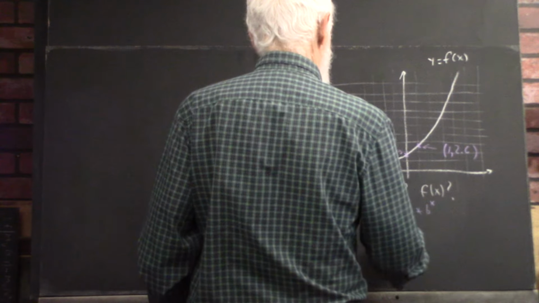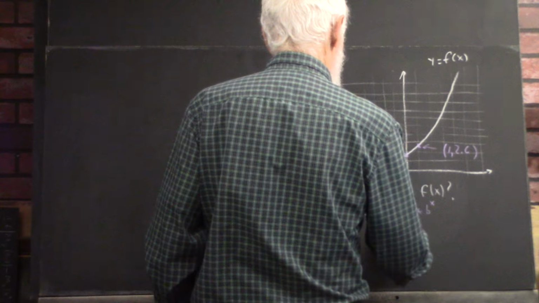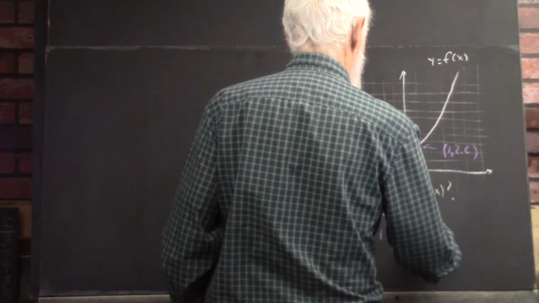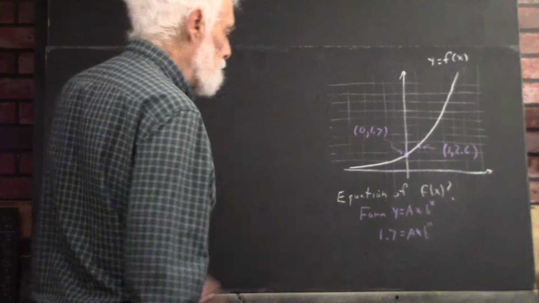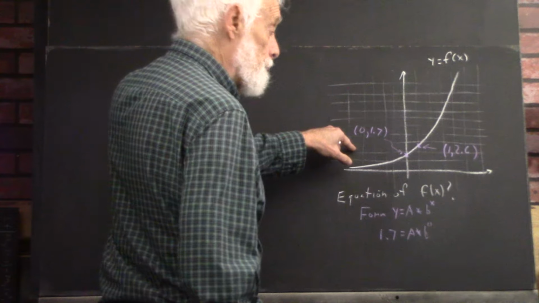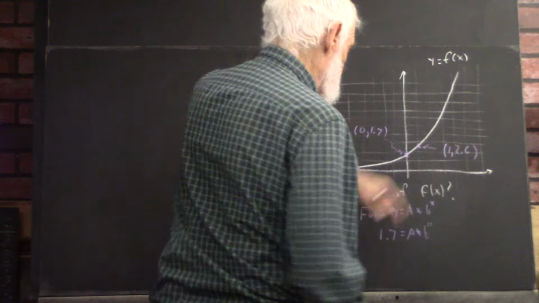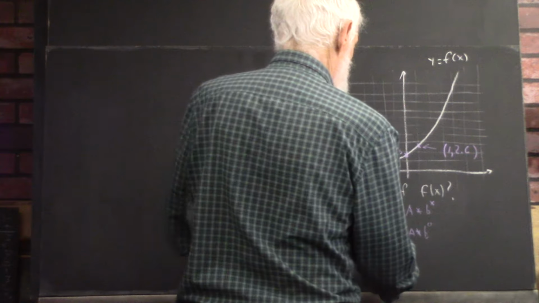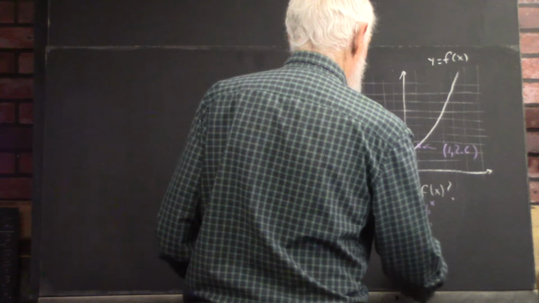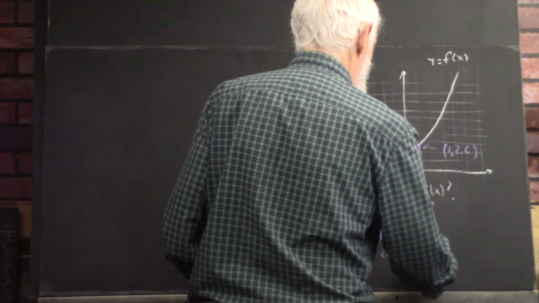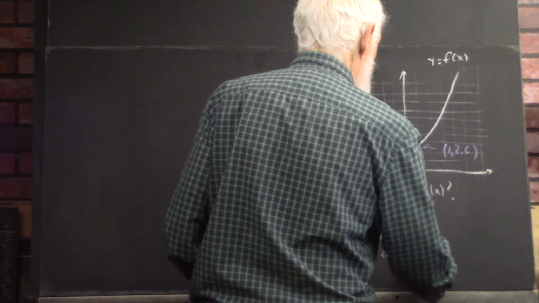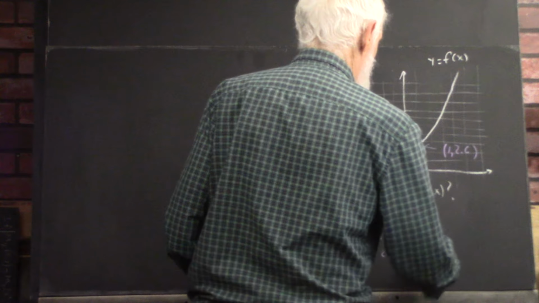We're going to get 1.7 equals a times b to the 0 for this point, and y is 2.6 when x equals 1, so we're going to have 2.6 equals a times b to the 1.